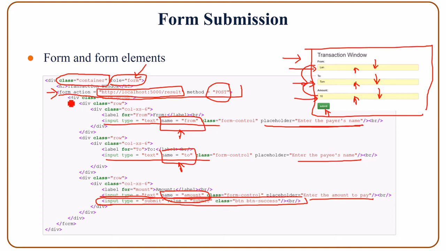In the another div, we have several rows, right? Several divs actually, several divs with class row. So we have 3 rows, and in each row we also have smaller divs.